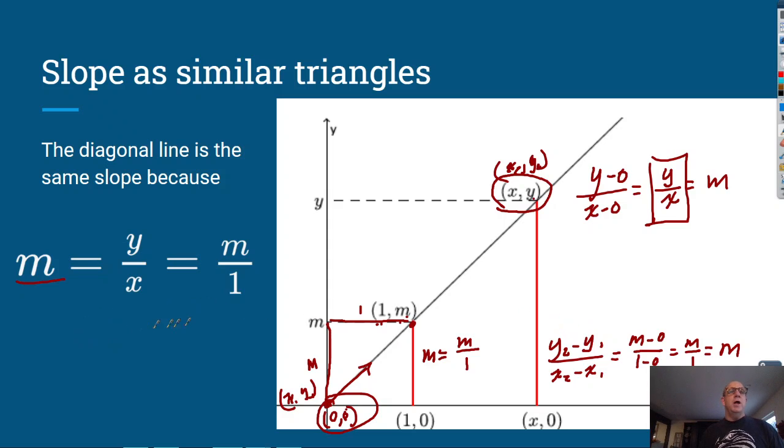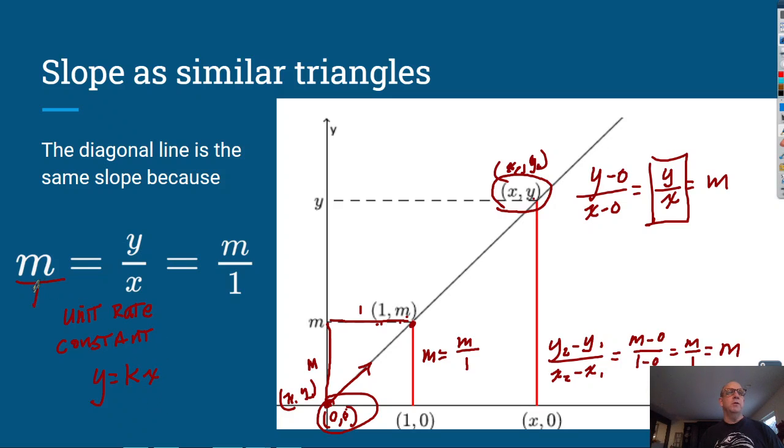Okay? And if you remember from proportional relationships, y over x is called the unit rate or the constant. And if you remember, the equation for a direct proportional relationship is y equals the constant times x.